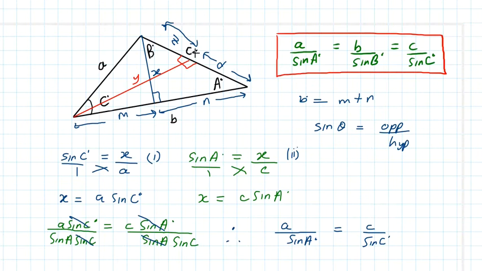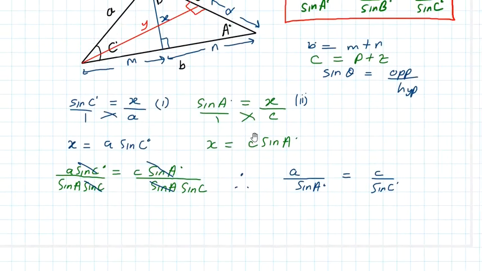So we know, as we did here, that this is our c, and c is equal to p plus z. We are applying the same formula as well: sine theta is equal to opposite over hypotenuse.